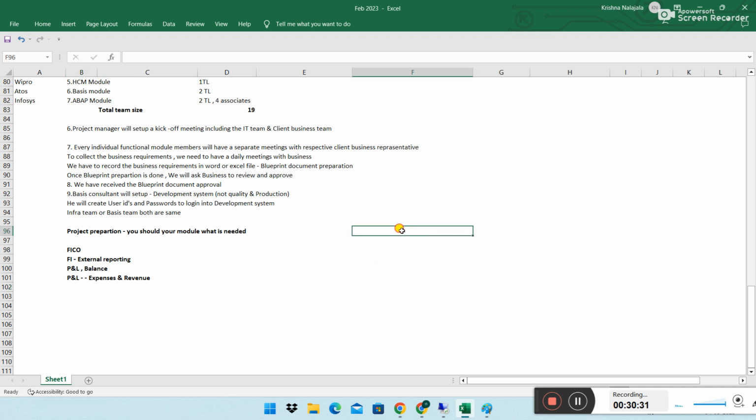Now, be it any company, any client you are working with, be it Reliance, be it Tata, any multinational company. There are many companies. Reliance, Tata, maybe Rio Tinto, which is a mining company.